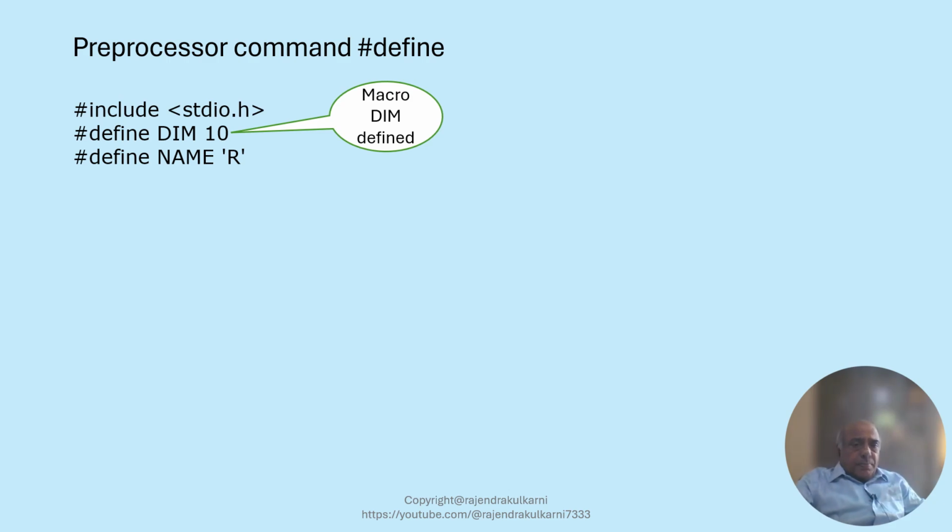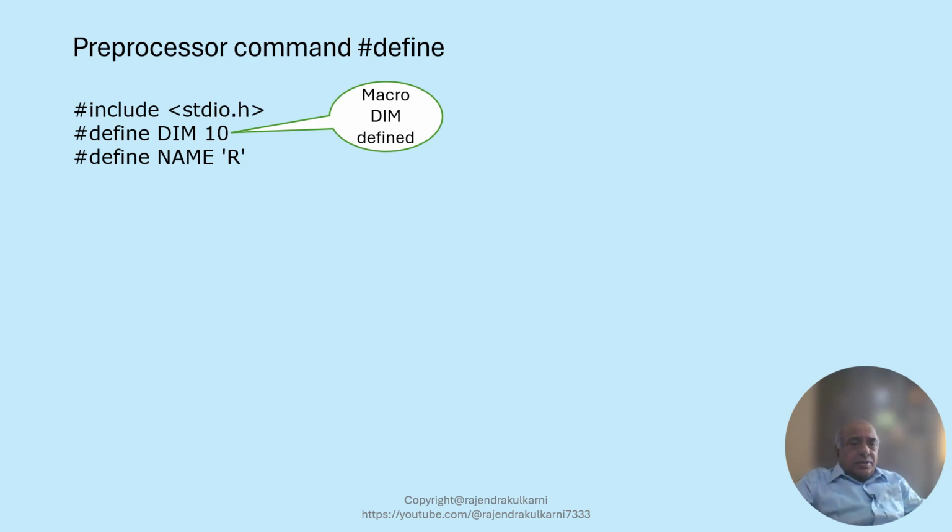In this program there is a statement #define dim 10. Dim is known as a macro definition, and #define is used to define the macros that we will be using in our program. Here dim stands for 10.